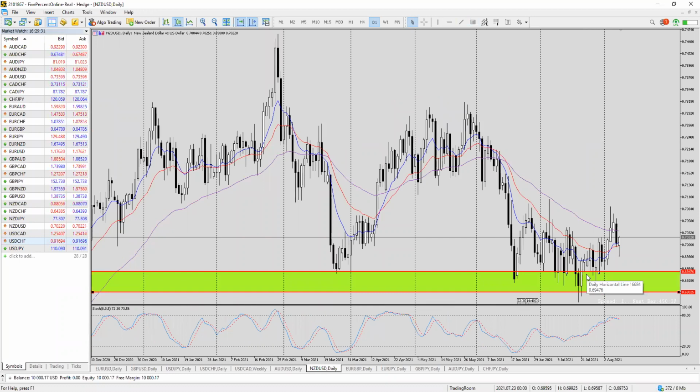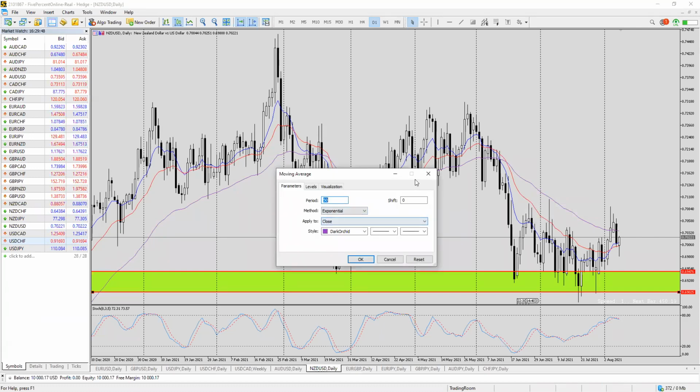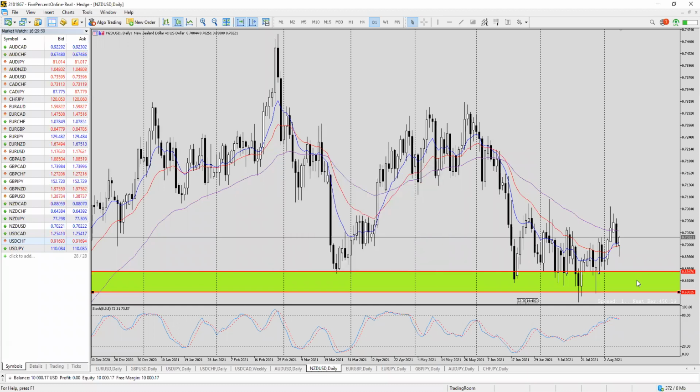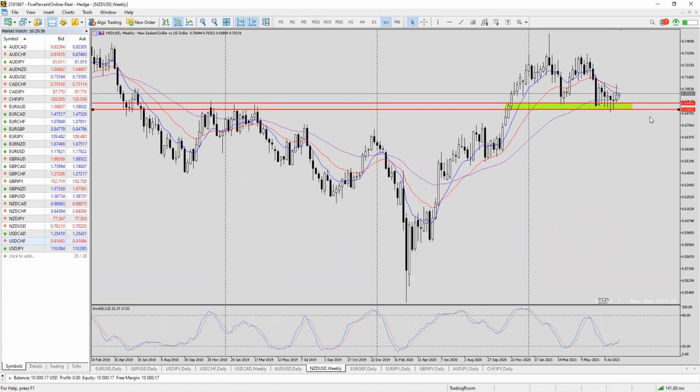And the EMA, I'm using exponential moving averages, 9, 21, you can use 20 as well, and 50. Okay, but they're all exponential moving averages. So as you can see, at the moment it's consolidating below on the weekly chart, just in between moving averages.